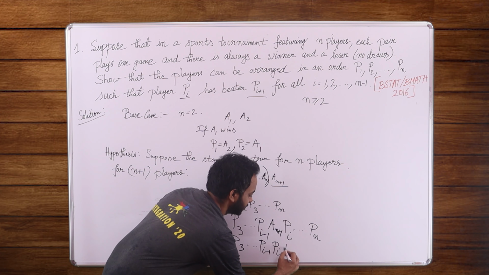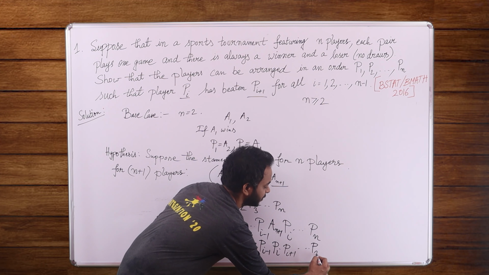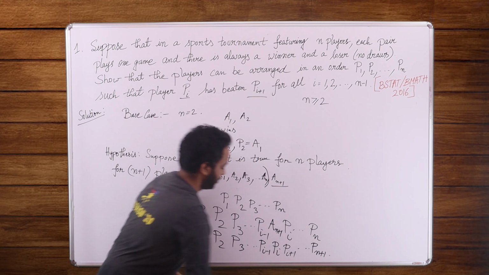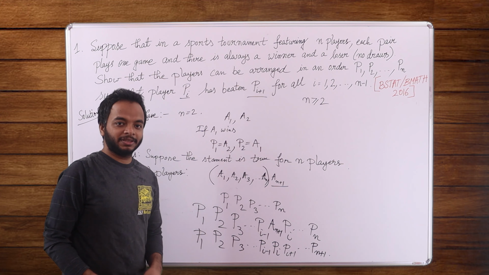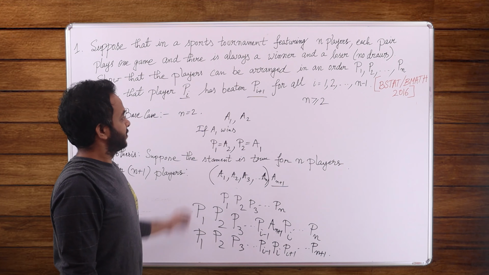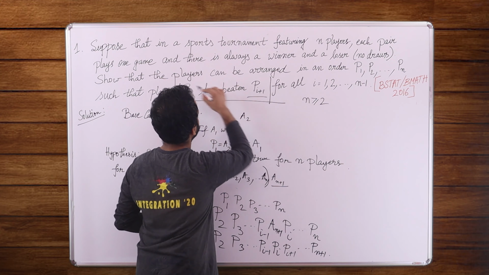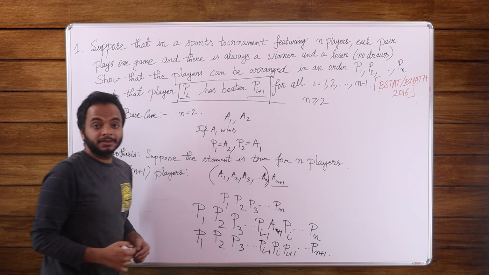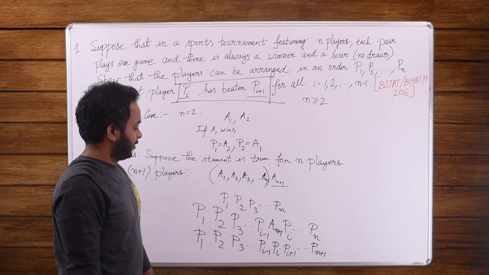So pi will now be renamed as pi plus 1, and so on till pn will be renamed as pn plus 1. And now we have basically arranged those n plus 1 players where this relation is holding, and thus by our induction hypothesis we have proved the statement.